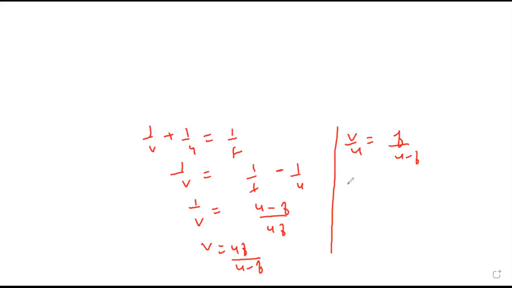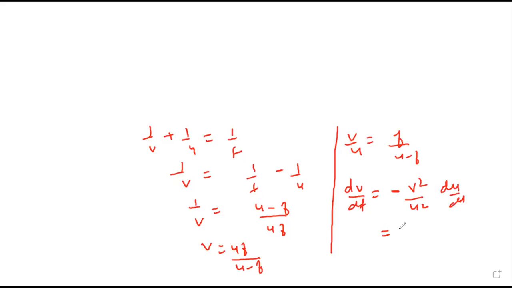So now our change in image is nothing but minus of v square upon u square du by dt.